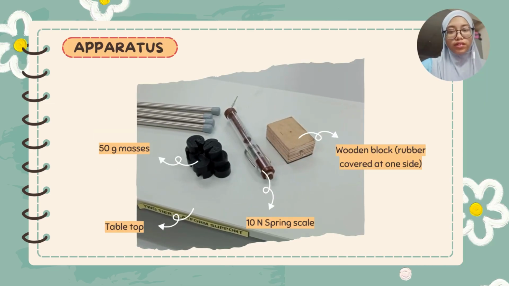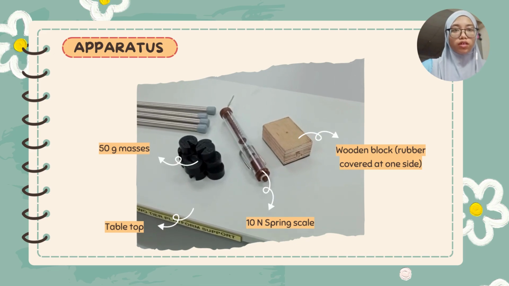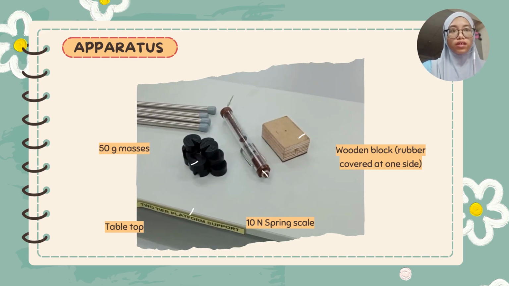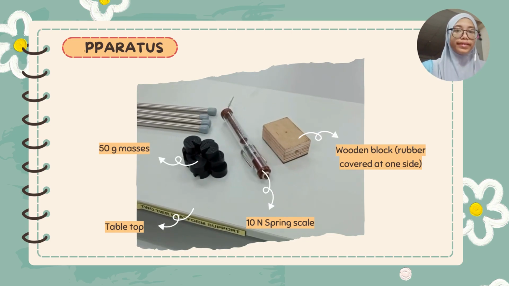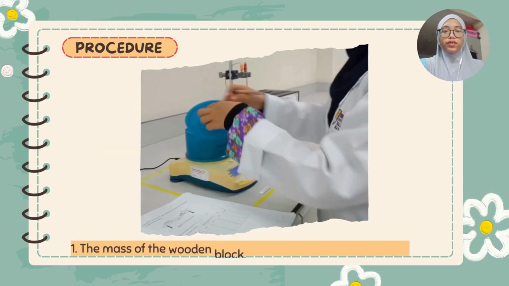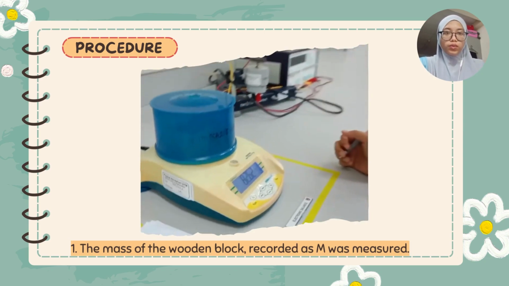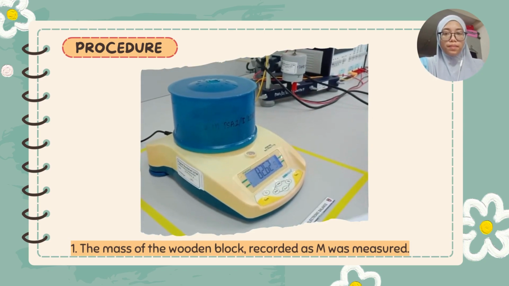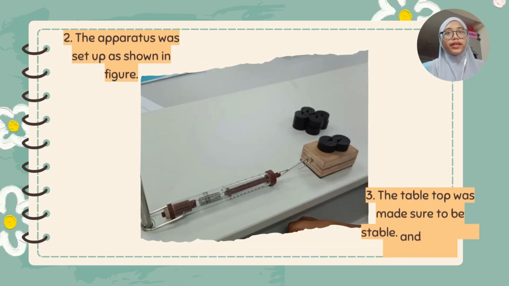The apparatus for this experiment is 50-gram masses, a tabletop, a 10 Newton spring scale, and a wooden block with rubber covering one side. Next, for the procedure of the experiment: first, the mass of the wooden block, recorded as m, was measured. Number 2, the apparatus was set up as shown in the figure.